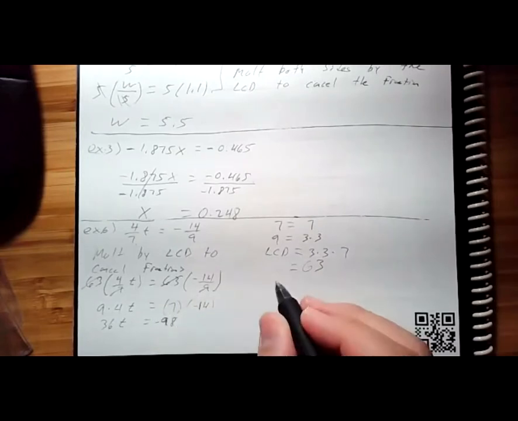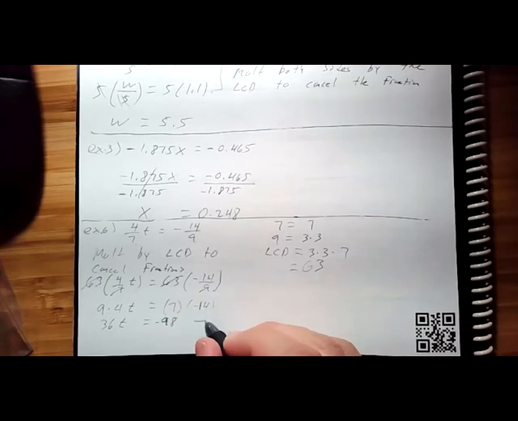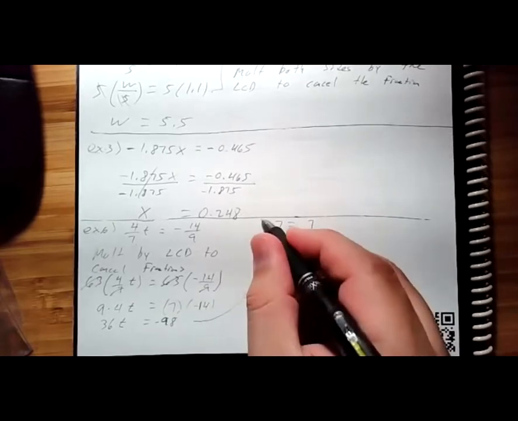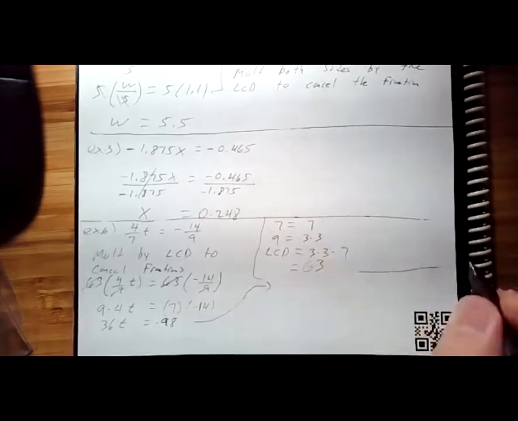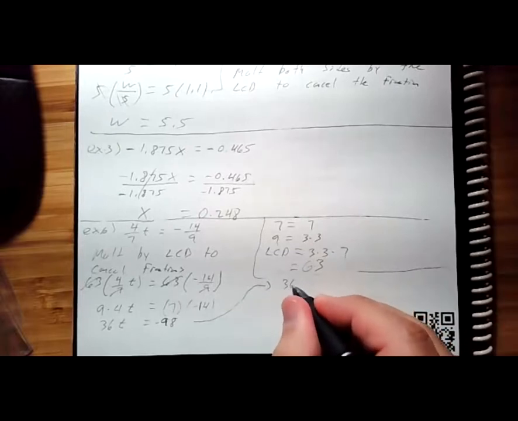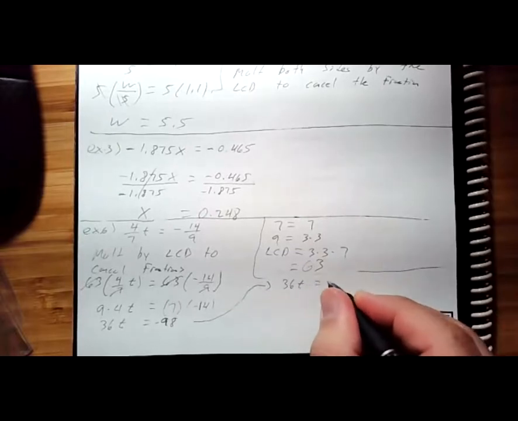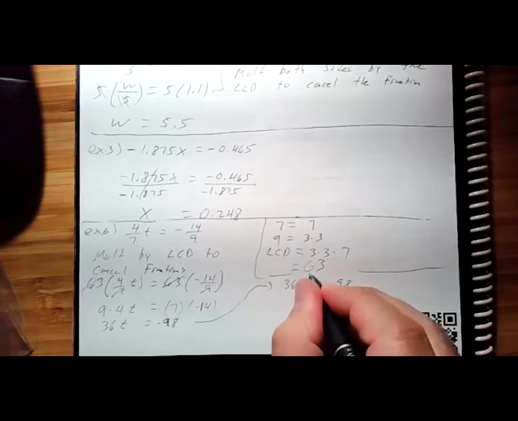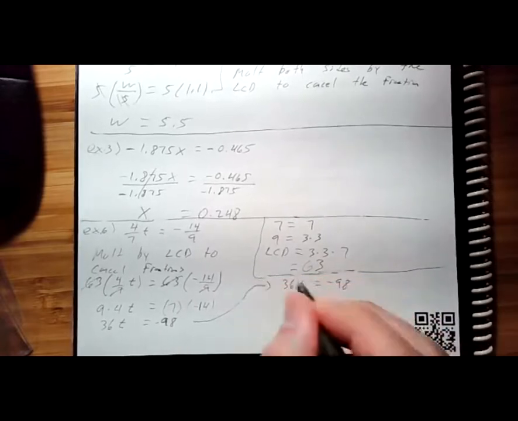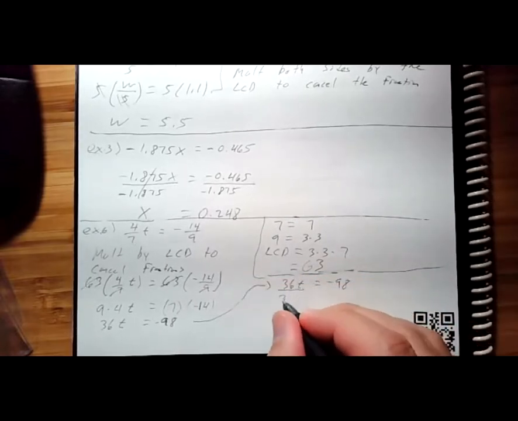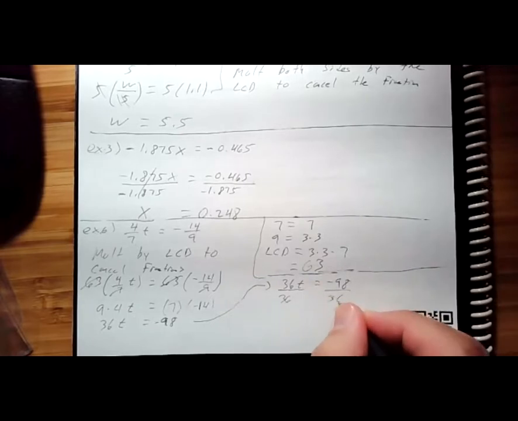-98. So now I'm going to do it over here. Sorry guys, I hate doing that. You're going to take 36t equal to -98. Divide both sides by 36. Does that go in evenly?